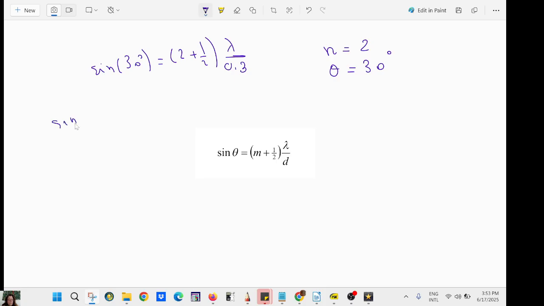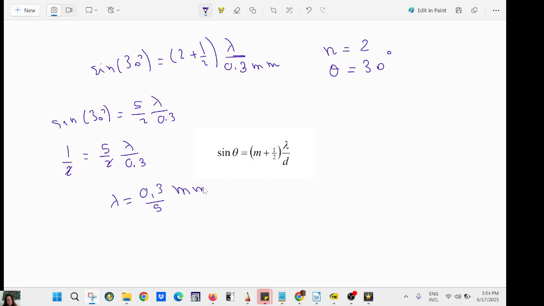So sine 30 is going to be 5 over 2 lambda over 0.3, and this is in millimeters, right? So this is a distance, so it's good. So that will be 1/2 equals 5 over 2 lambda over 0.3. Cross, cross. So lambda equals 0.3 over 5 millimeters.